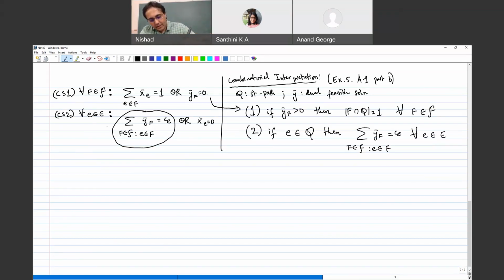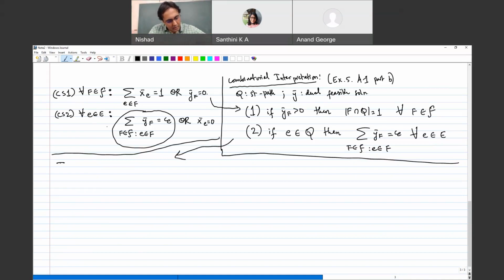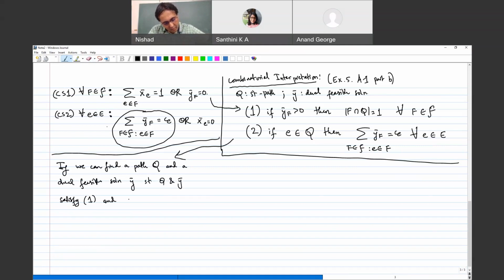So the observation here is that if we can find a path Q and a dual feasible solution Y bar, such that Q and Y bar satisfy conditions 1 and 2, then for sure, here I mean an ST path, Q is the shortest ST path.